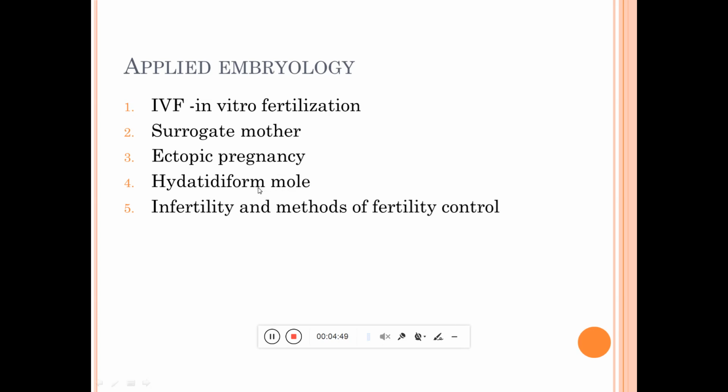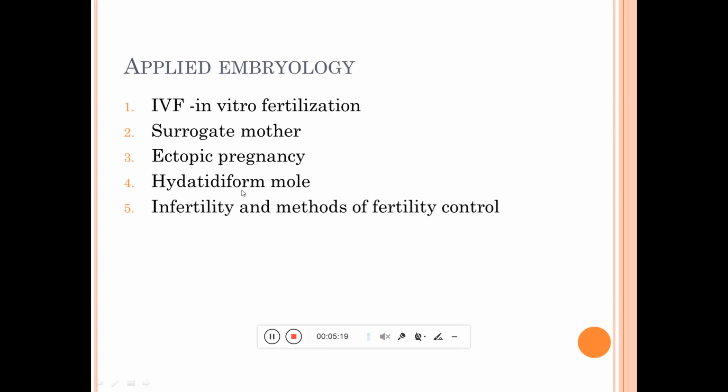Hydatidiform mole is one more type of gynecological problem in which sometimes an ovum is released but it doesn't contain any nucleus. If it is fertilized, it results in a false pregnancy, or we can say there is no development of an embryo, and only extra-embryonic tissues will develop.